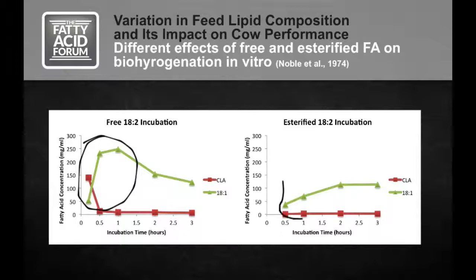Whereas with the esterified lipid, we've got a much lower level and much steadier accumulation of these intermediates. And it's this larger accumulation of these intermediates that's going to potentially have much greater impacts on the amount of negative biohydrogenation intermediates leaving the rumen that may subsequently impact, for example, milk fat depression.